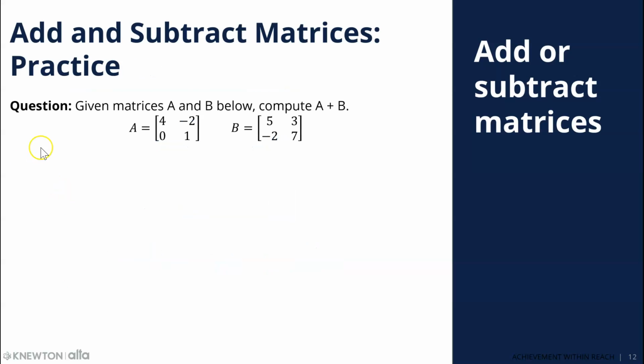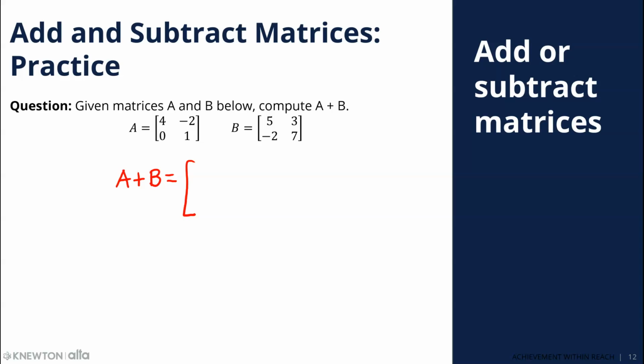For example, we're given here matrices A and B, and we want to compute A plus B. The matrix A plus B will also have the same dimension as matrices A and B. Note that matrix A and B have the same dimension.